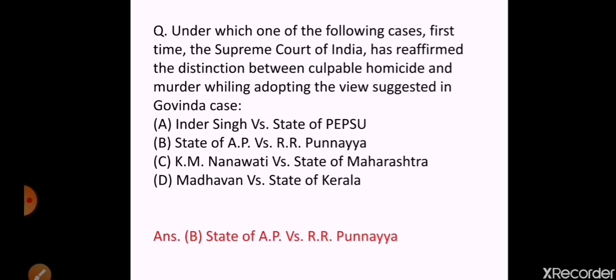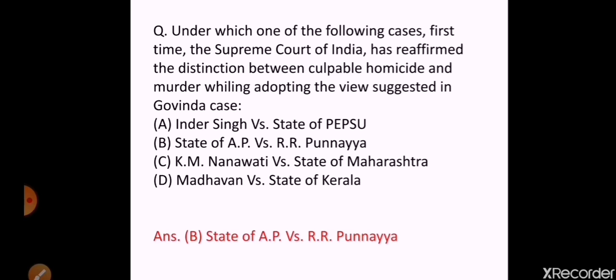All murder is culpable homicide, but not vice versa. So speaking generally, culpable homicide has the special characteristics of murder, and culpable homicide not amounting to murder. So I have already told you in short what the Supreme Court held in this case.